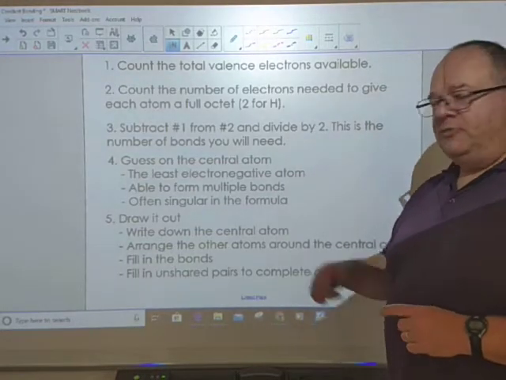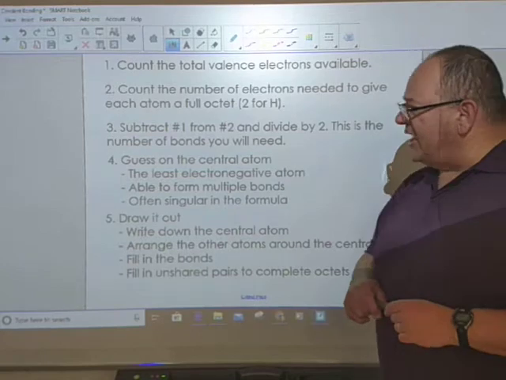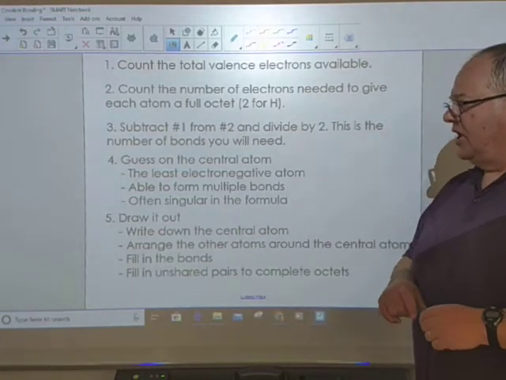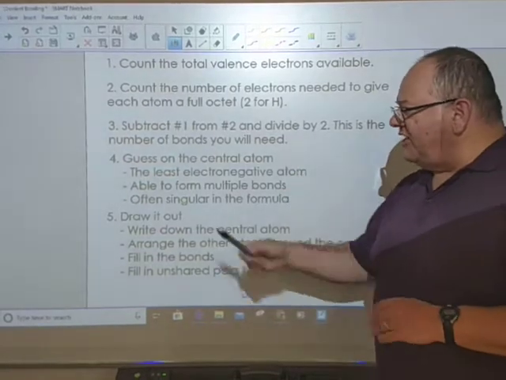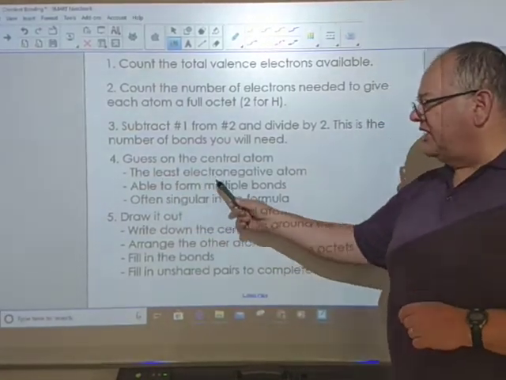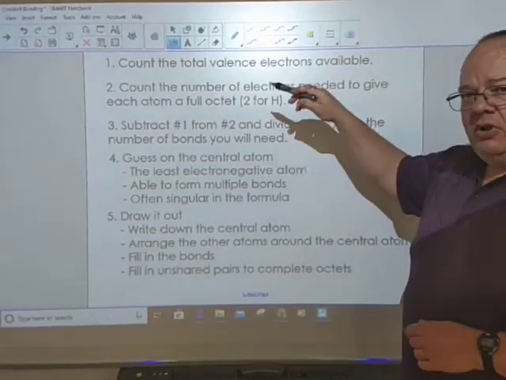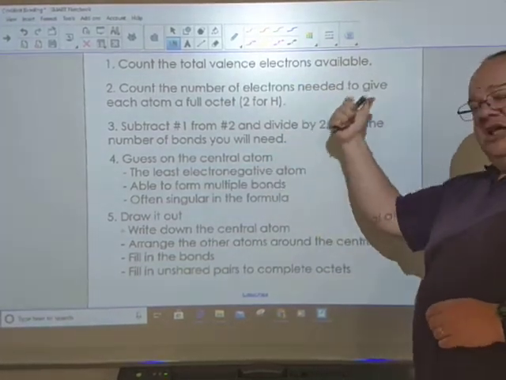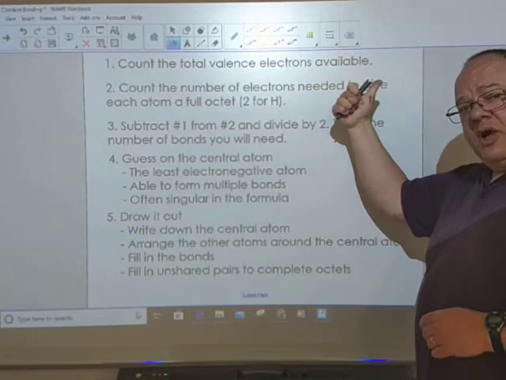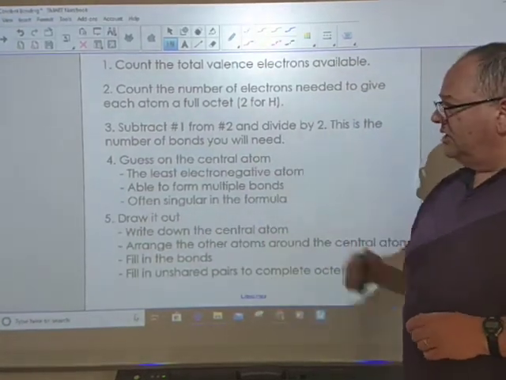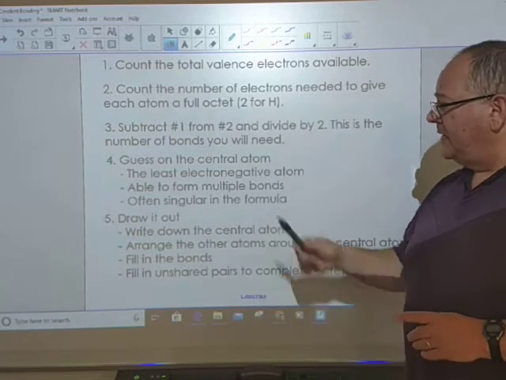Next step, I'm going to guess on the central atom. And I'm giving you 3 criteria. The central atom is very often the least electronegative atom. So if you think about your periodic table, and you know that electronegativity increases up and to the right, the atom furthest from that corner is a good guess for your central atom.